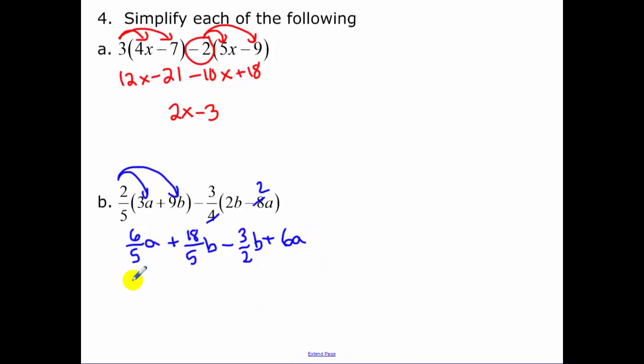Now combining like terms. I need to get a common denominator. The common denominator is going to be over 5, so I have 6/5 a plus 30 over 5a. I multiplied this 6a times 5 over 5. Now common denominator between those two terms is going to be 10, so I'm going to multiply 18 over 5 times 2.